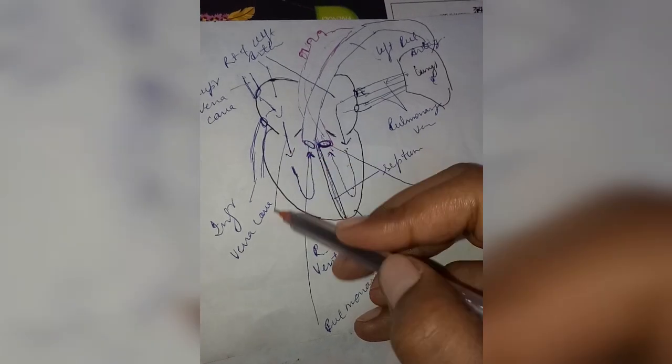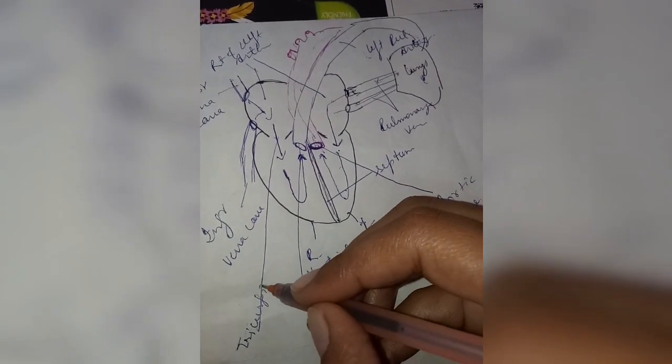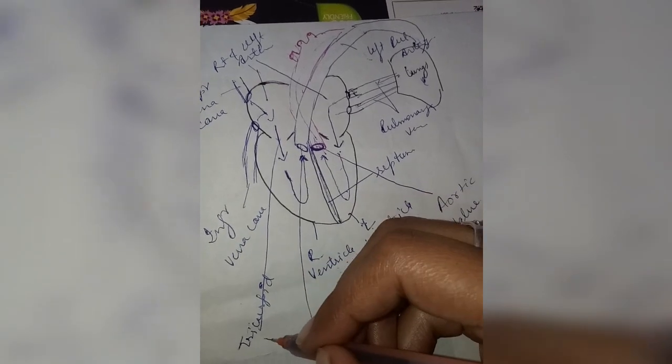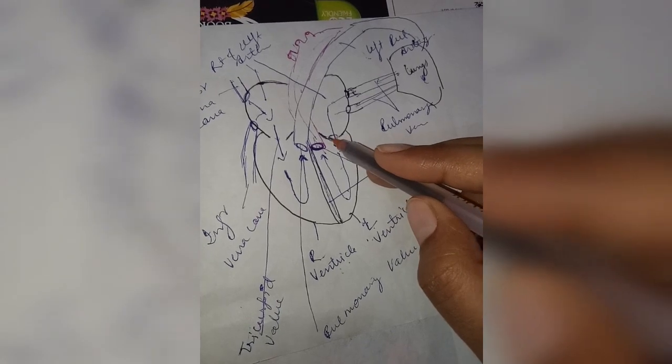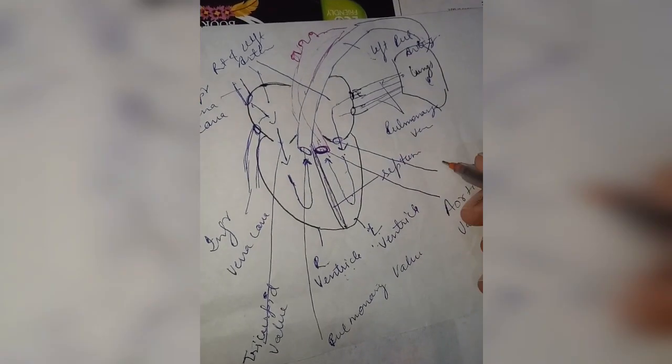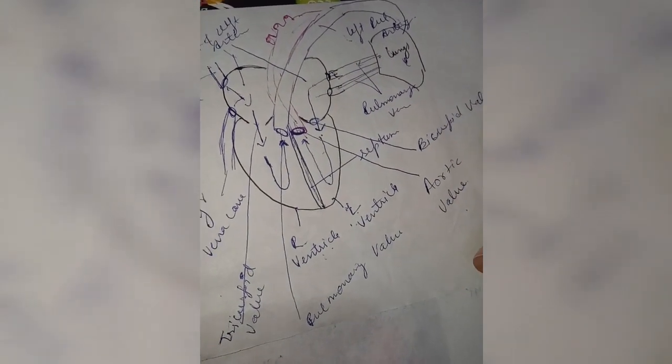This is a tricuspid valve because it has 3 cusps, and this opening is called the bicuspid valve.